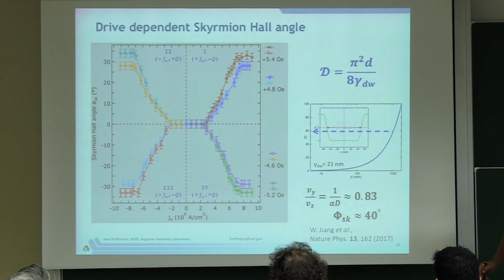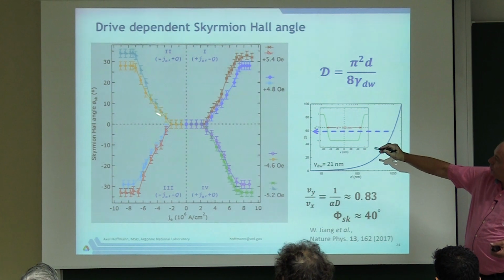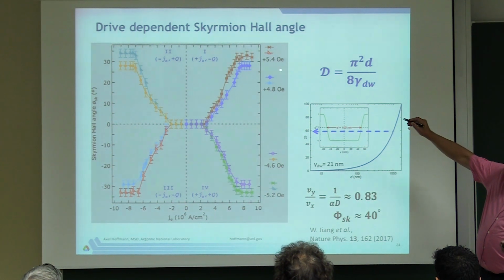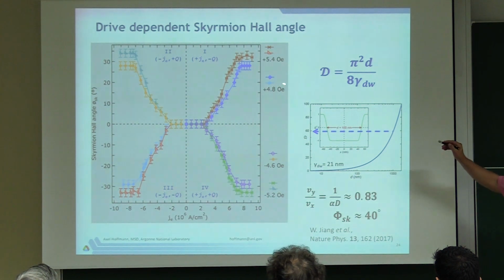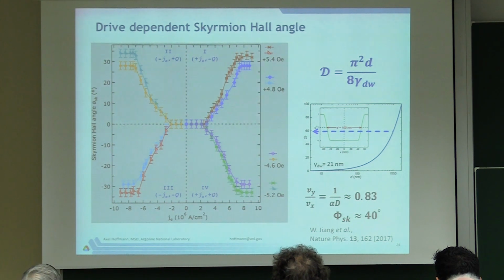Anyhow, the point that I'm trying to make here is, if you look now at this transverse motion as a function of current, you see at low currents, it moves in the direction of the current. Then the angle increases, and at high enough currents, it saturates. And so here at these high enough currents, we can now compare to the simple theoretical calculation what you expect. From this theoretical calculation, you expect 1 over alpha d.